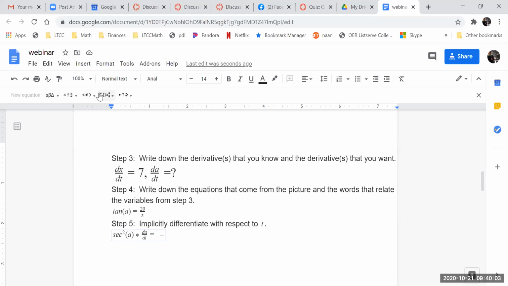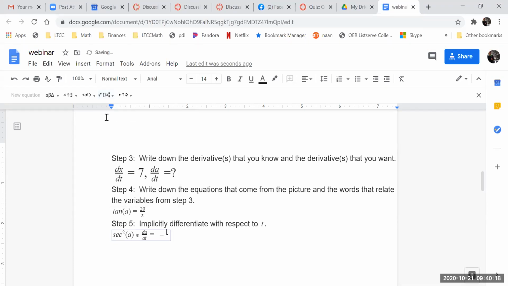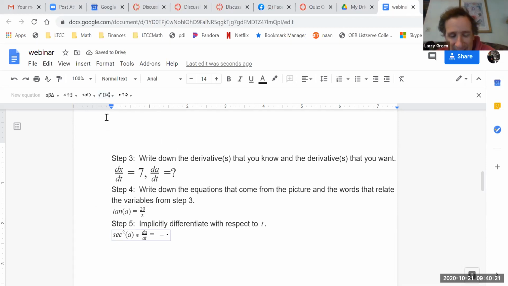Don't divide by 2 because there's no 2 in this one. Yeah, it's negative 20 over x squared. Does that make sense? I was thinking it was a square root. That'll happen. Okay, so negative 20 over x squared, but then times dx over dt because we're implicitly differentiating. Any questions on that?